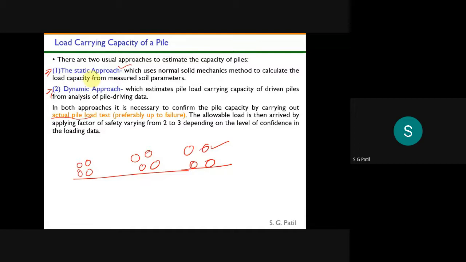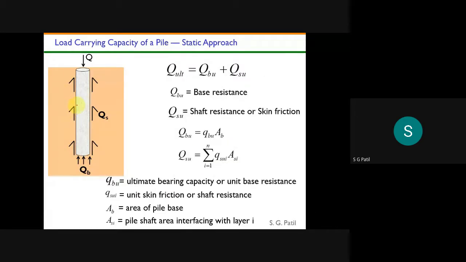So how will we calculate the load carrying capacity with the help of the static approach? The static approach uses solid mechanics concepts. Whatever this Q is, part of this Q is carried by your base, that is your base resistance, and part of this Q is carried by your shaft resistance.